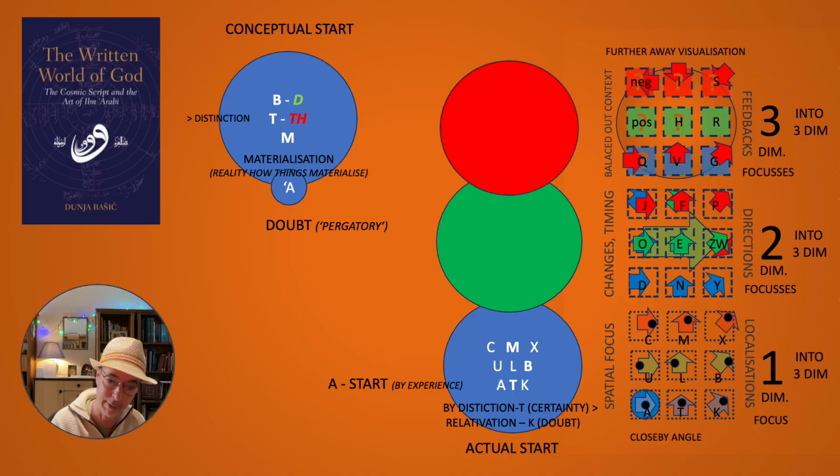The same thing in the Western system. We start by experience. What do we do? We use our distinction. We focus upon what is certain. What will happen with freedom is, of course, that at a certain point the things will not work out well. So some things will not work out well, and so you have to have a relativation stage at some point. The K will be the doubtful moment, which will follow immediately after.